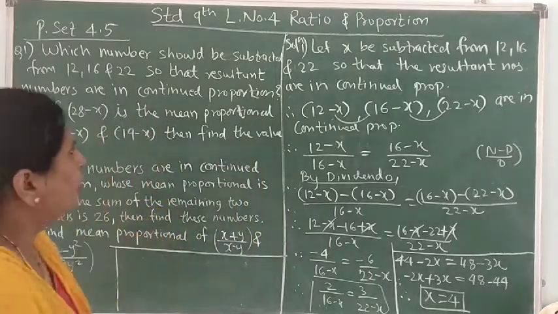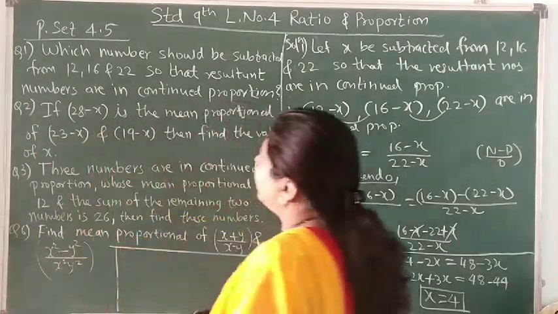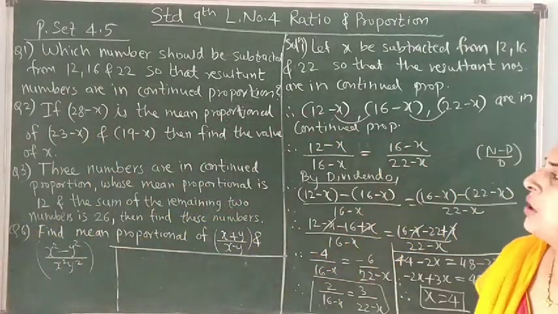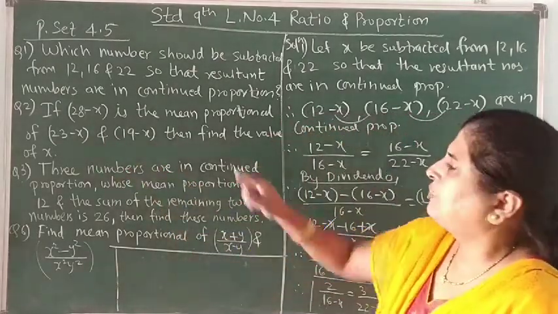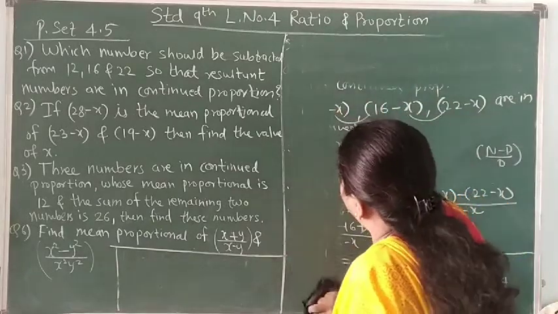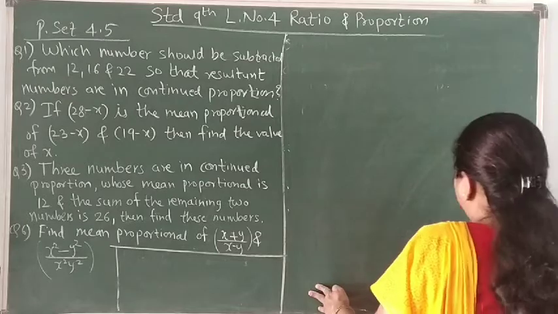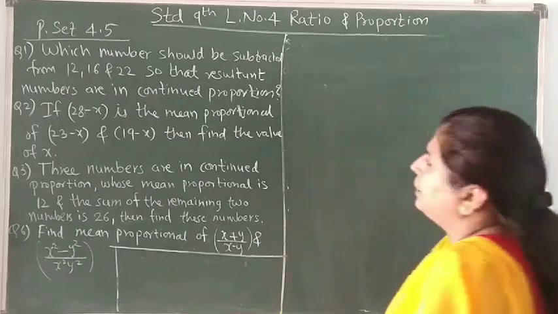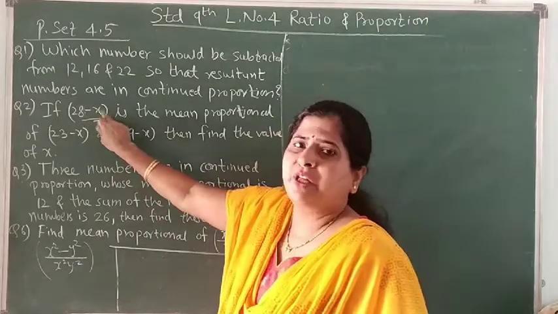Okay. Now let's go for question number 2 here. If 28 minus x is the mean proportional of 23 minus x and 19 minus x, then find the value of x. Okay, so let's simplify this sum. Here this term is the mean proportional, so this is actually the value of b.